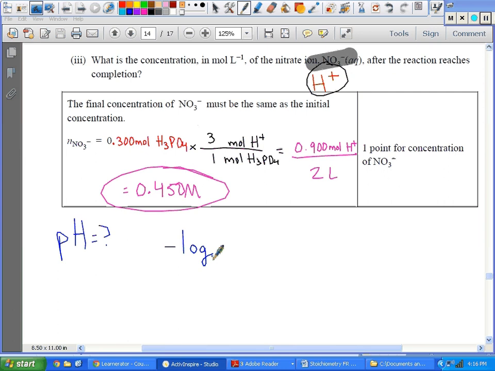What do you think H stands for? Hydrogen ion. What do brackets mean again? That's how you find the pH. Never mind, let me do it because you're just going to freak out. Negative log of 0.45.